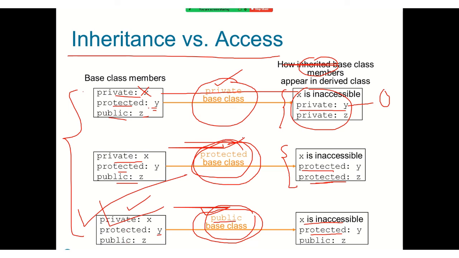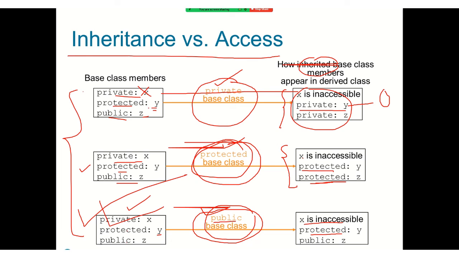Typically you use protected because if a member variable or member function is protected in the base class, the outside world, whoever instantiates the object, doesn't have access to that particular attribute or function.